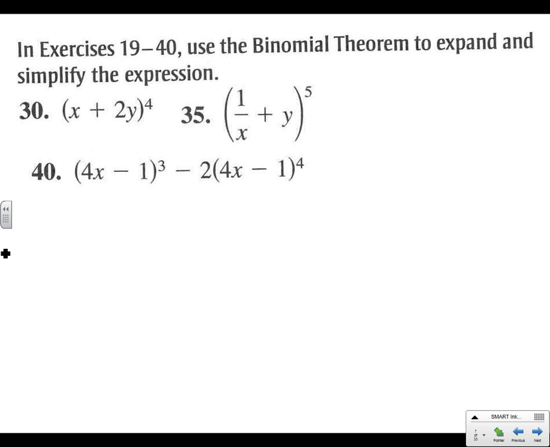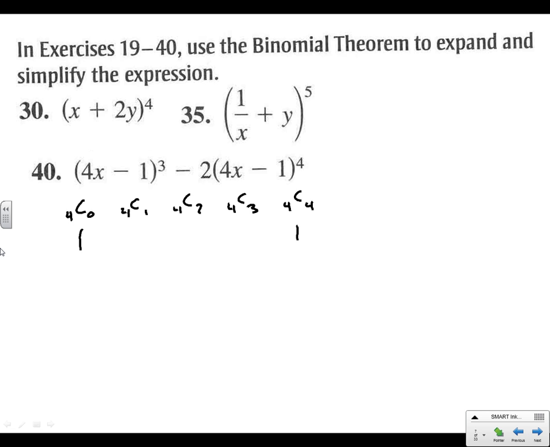Problem 30. x plus 2y to the 4th. All right, let's get our coefficients first. We're going to need 4c0, 4c1, 4c2, all the way up until 4c4. So this is going to be 4 factorial over, you know what? We know the edges are always 1. 1 and 1.